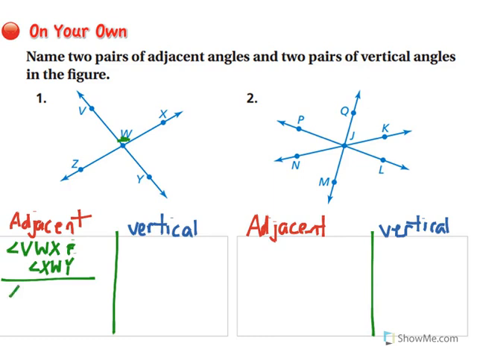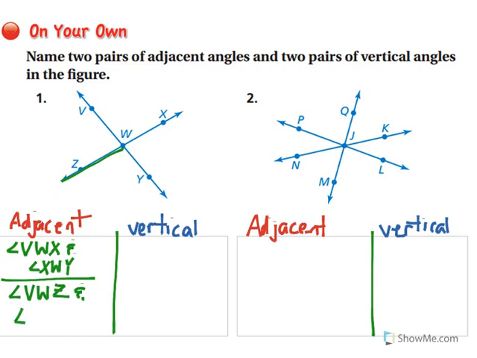The other one we have, or another one we have, I guess, is, we'll go in the opposite, we'll say this, we'll say VWZ. This angle, and again, I could say VWX, but I'm going to go ahead and do ZWY because they share this common angle.